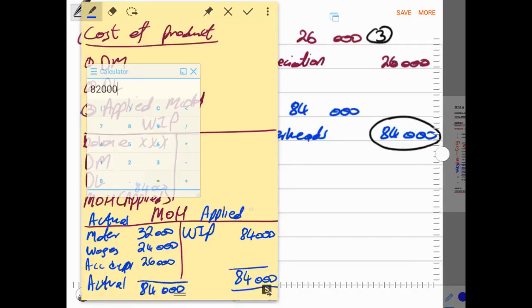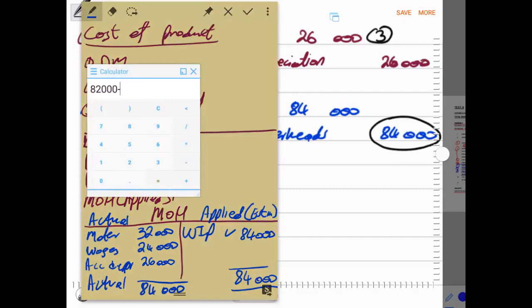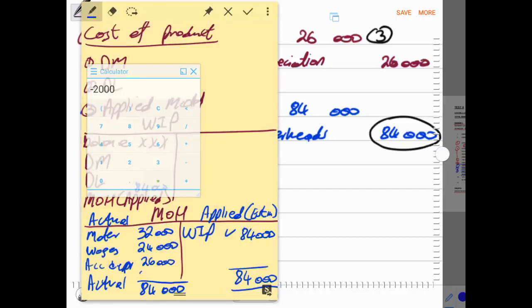This is what we estimated, the 84,000 rands, and 82,000 rands is what we actually incurred. So now we'll say minus 84,000 rands, and 2,000 rands will have to be recorded on the debit side.